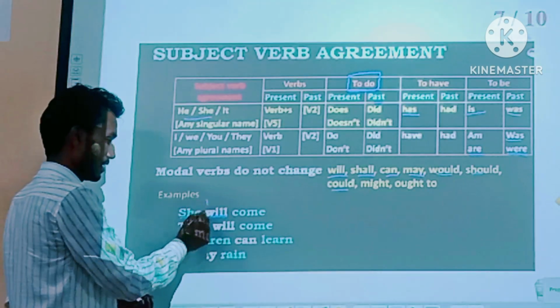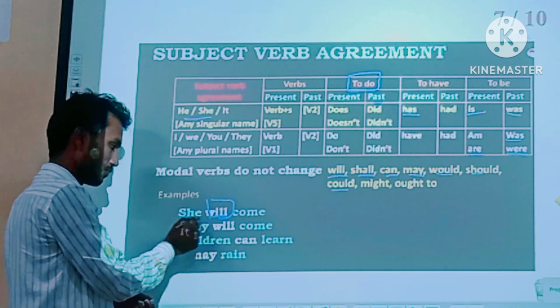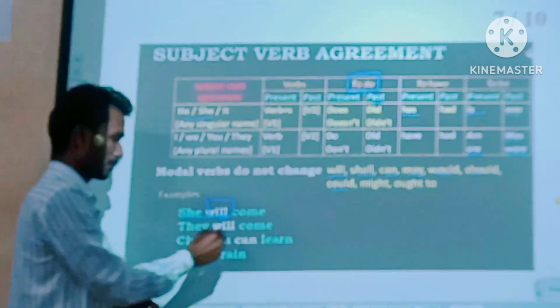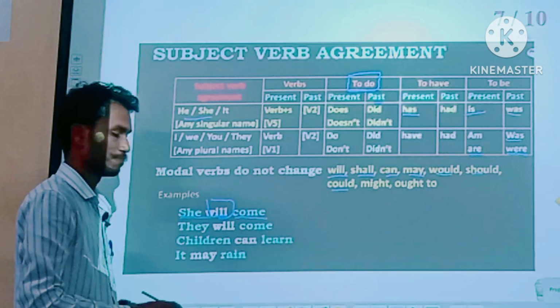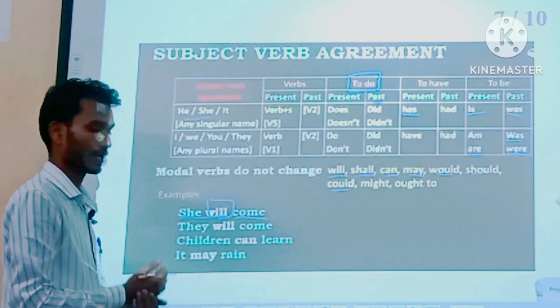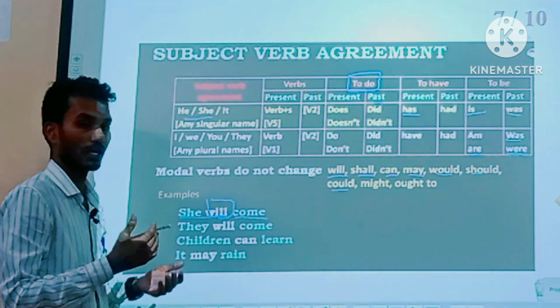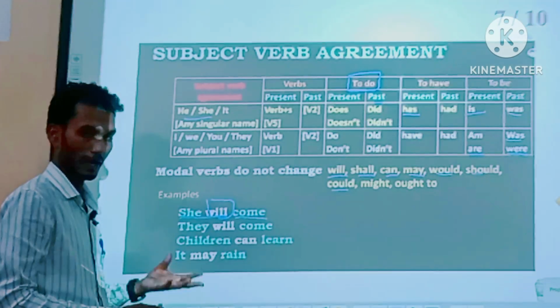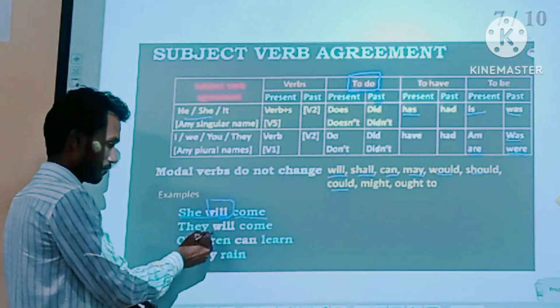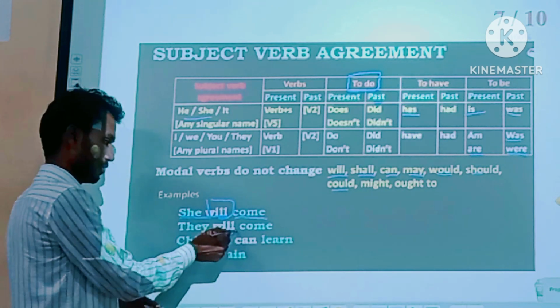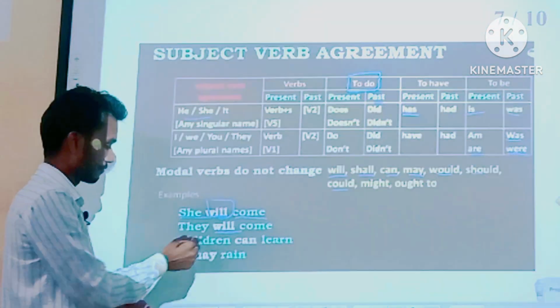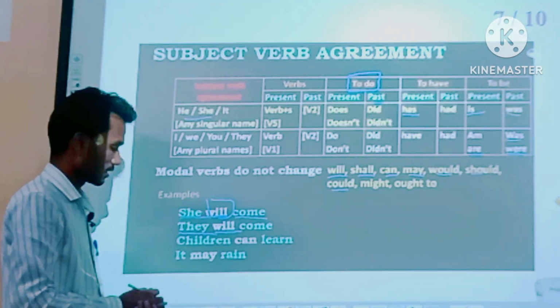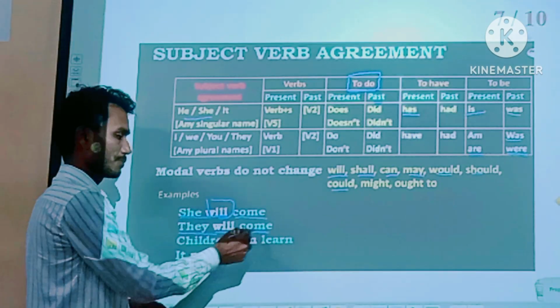If a modal auxiliary verb comes before the verb, the verb form should be plural, the base form. She will come, it's not she will comes, it's wrong, right? We should say she will come. If will comes with they, the verb form is the same.